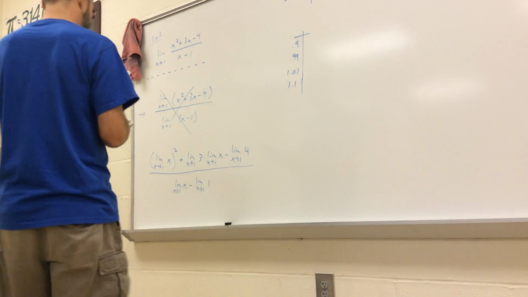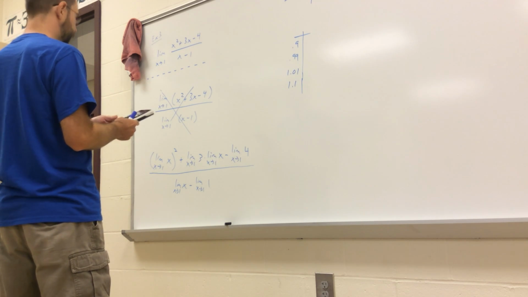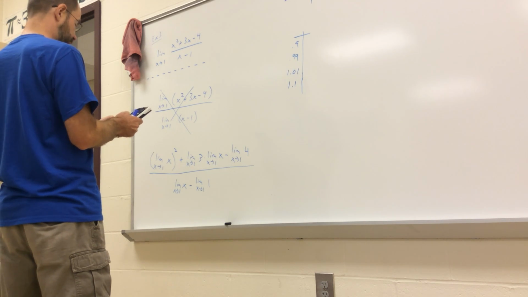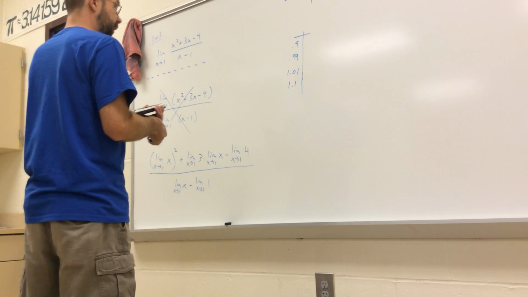Okay, so don't forget parentheses, 0.9 squared plus 3 times 0.9 minus 4 divided by 0.9 minus 1 is 4.9.